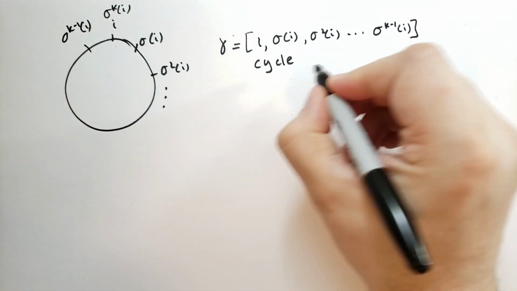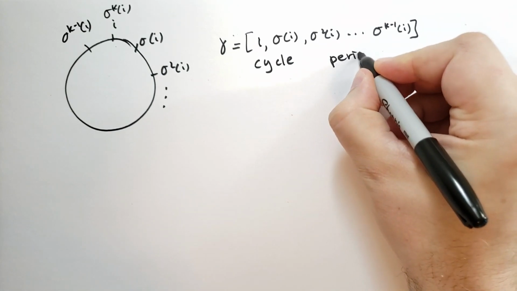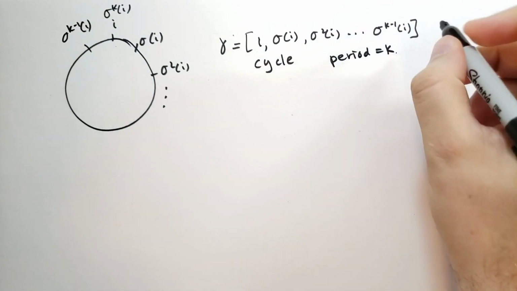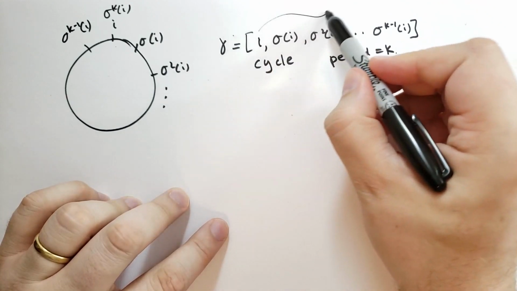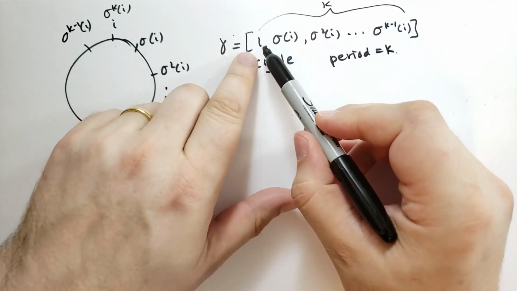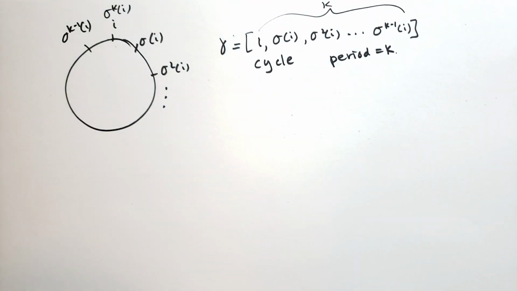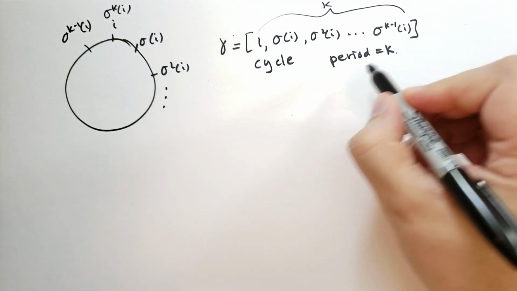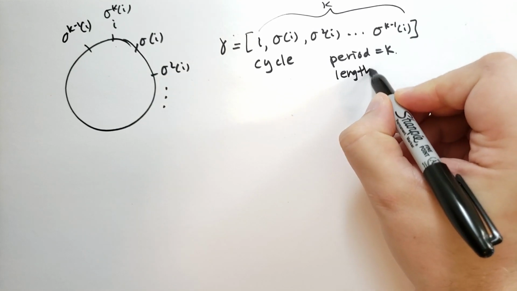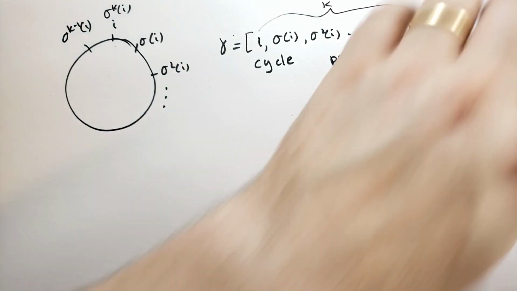Now, k is going to be called the period. That tells you how many elements are in the orbit. In this case, there are k items, right? There's 0, 1, 2, 3, 4, 5, all the way up to k minus 1, okay? We can also call this the length of the cycle.